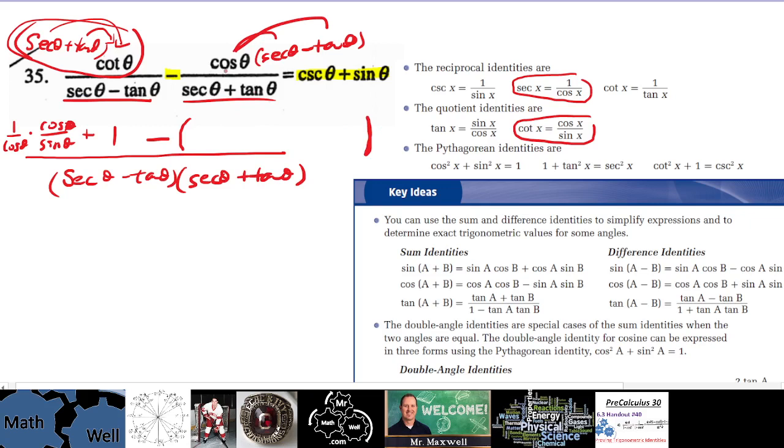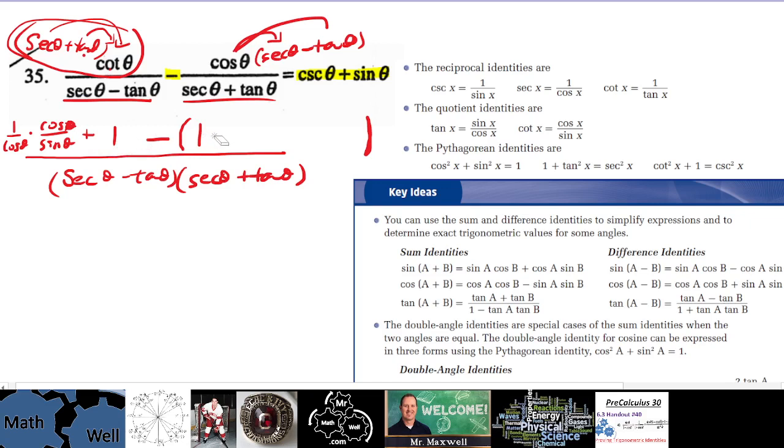What's cosine times secant? So secant is 1 over cos. Yeah, so that's just going to be 1. Very good. Tangent, okay, where do we get the plus 1 from over here? Tangent times cotangent. Those are reciprocals, so they just multiply to 1.